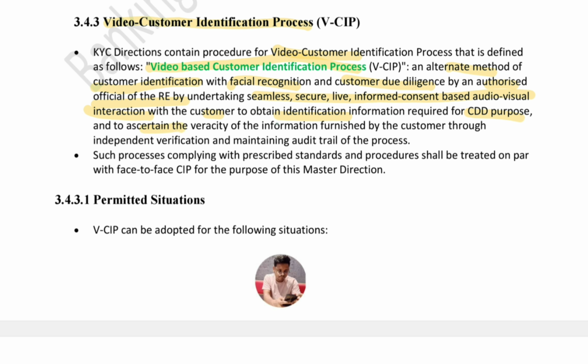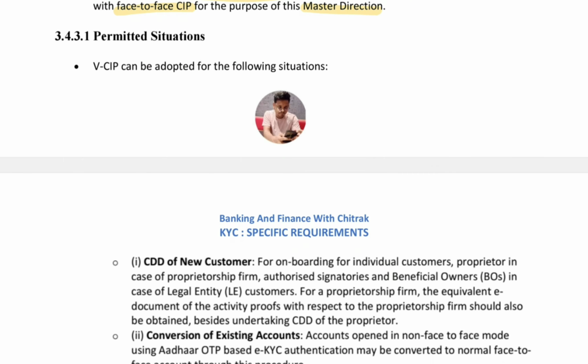Also, to ascertain the veracity of the information furnished by the customer through independent verification, and maintaining an audit trail of the process. So basically, it's a video-based identification process where the customer gives a live verification of his face through an audio-visual video. Such a process, complying with prescribed standards and procedures, shall be treated on par with the face-to-face CIP for the purpose of this master direction.